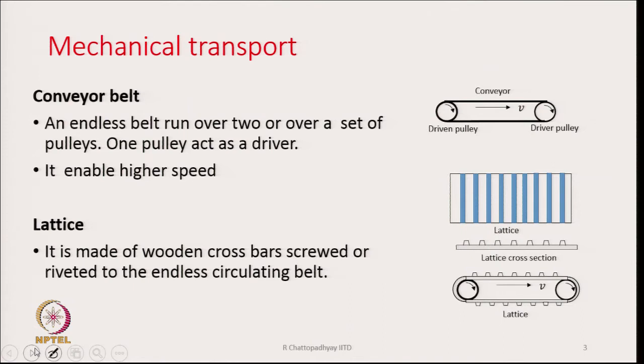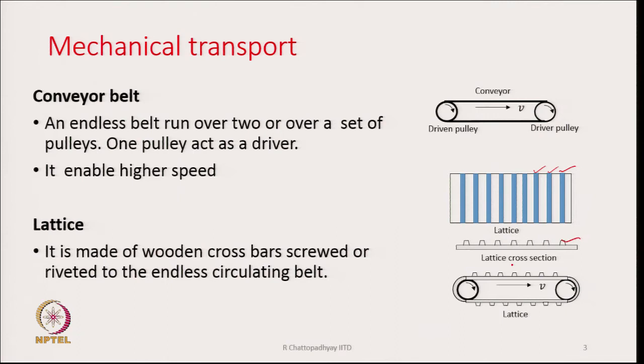And the lattice, if you look at it, is made of wooden cross bars, like these blue rectangles that you see in the diagram. These are the wooden bars, and they are screwed together or riveted to the endless circulating belt.